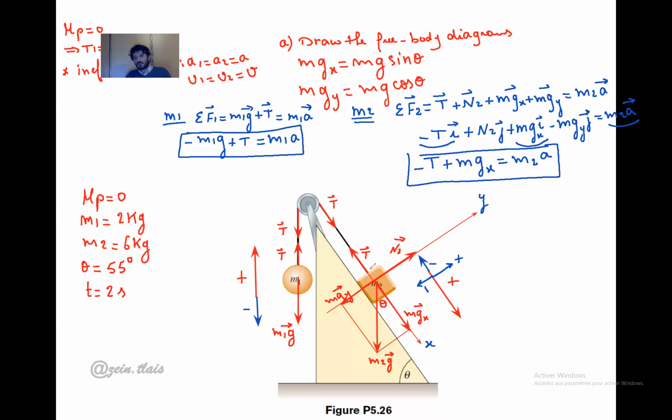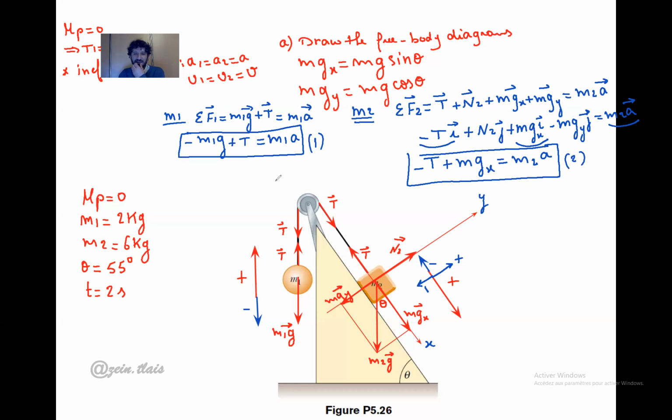Look here. We have a motion in the X direction, so we have A. But in the Y direction we don't have motion, so we don't have AY. We have only A in function of the line of motion. Okay, this is the equation 2. This is the equation 1. We don't need to calculate in function of J. Okay, equation 1 and 2, we have 2 unknowns and 2 equations.